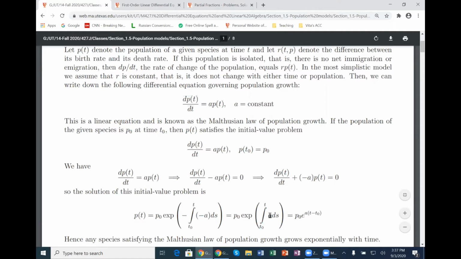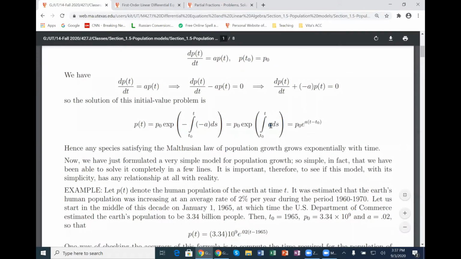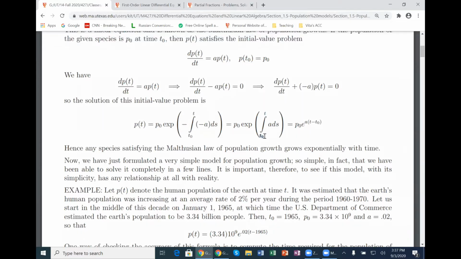And then antiderivative of a, remember a is a constant. Antiderivative of a is a times s. And then we replace s first by t. Then by t0, we find the difference. The result is this. P of t is equal to P0 times e to the following power, a times t minus t0.